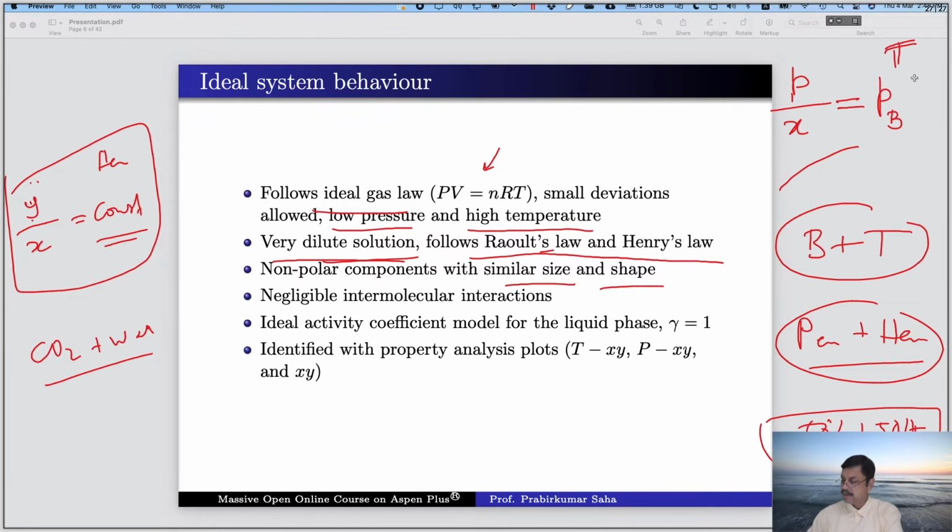Obviously, this relationship will change with temperature. So this is called Raoult's law, and an ideal solution follows Raoult's law, and they will have negligible intermolecular interaction. For the ideal activity coefficient model for the liquid phase, we will have the activity coefficient to be 1.